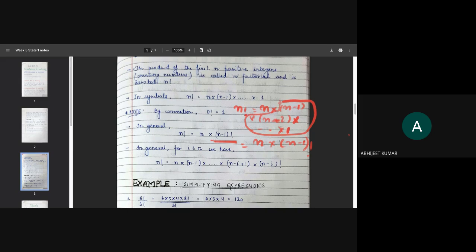Yes, sir. Now, can you give me the value of 0 factorial? It will be 1. Of course, it will be 1. We all are aware of it. But how? Can you answer that too?